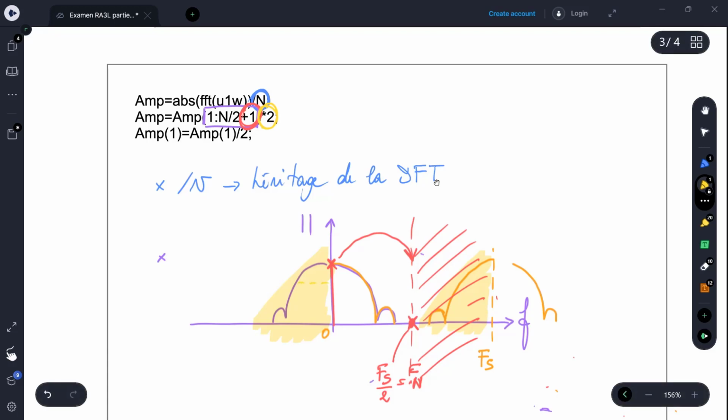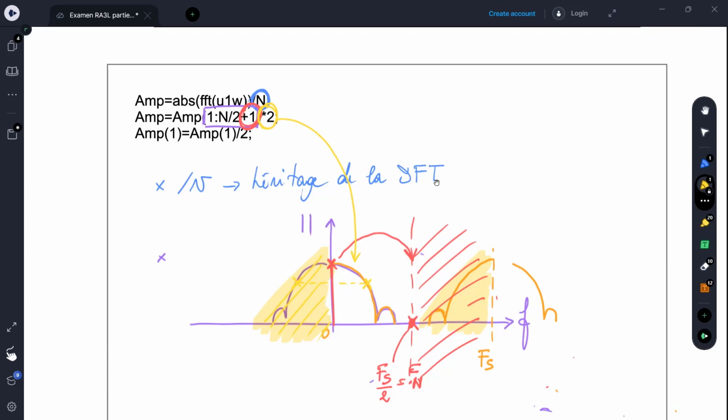Donc vous voyez ici que vous avez un phénomène d'effet miroir. Ici, vous avez une fonction qui a la même amplitude de part et d'autre de 0 Hz en l'occurrence. Et donc, comme on a dit, cette partie qui est là à gauche, on ne va pas la garder, on a sacrifié la moitié de l'amplitude de notre signal, donc il va falloir venir corriger ça, et c'est pour ça qu'on vient multiplier par 2 ici.